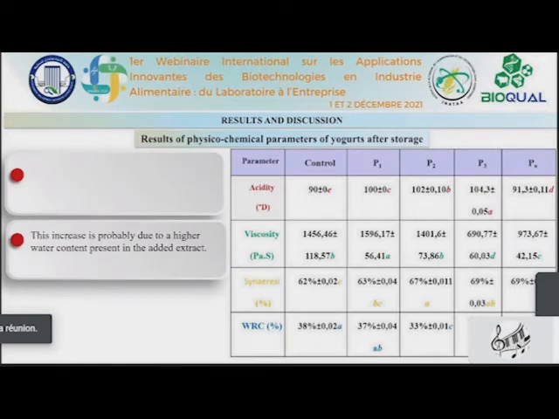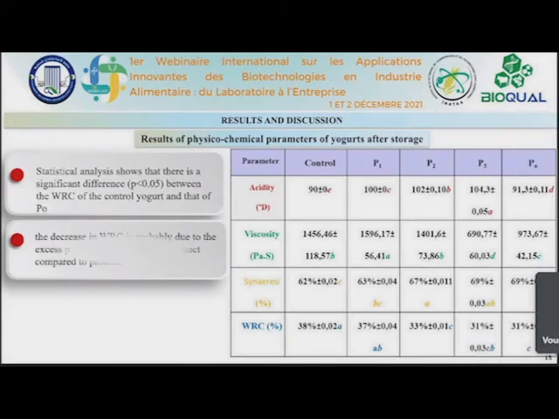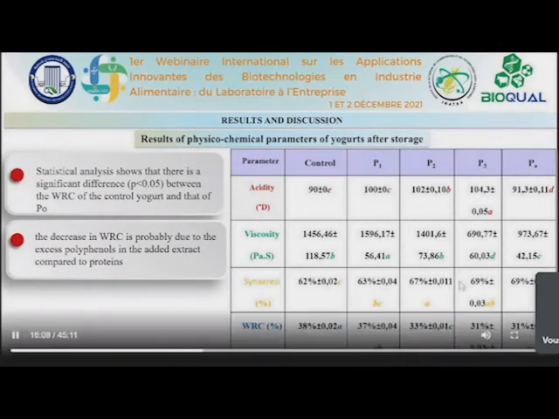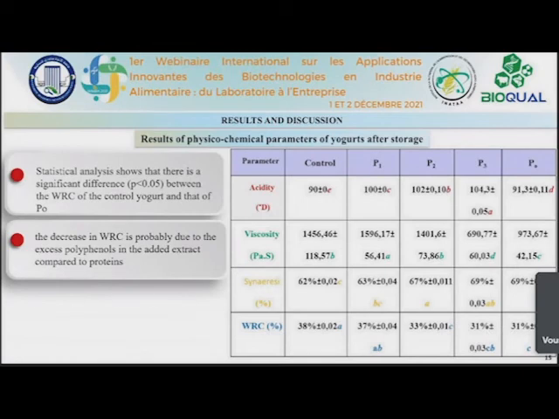We notice that the syneresis of the optimized product is more important compared to the controls, probably due to the higher water content present in the added extract, but it is a technical problem that can be solved in industry. The water retention capacity of the optimized product is less important compared to the controls, probably due to the excess of polyphenols present in the added extract.